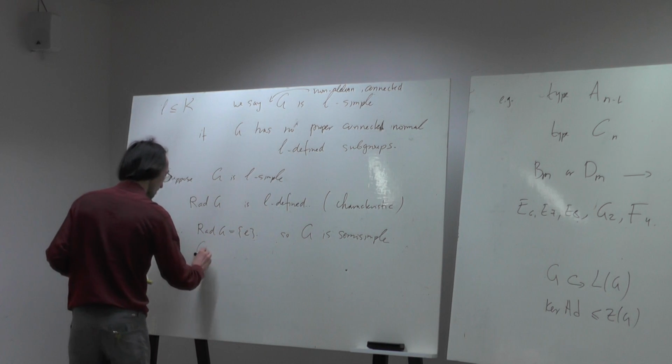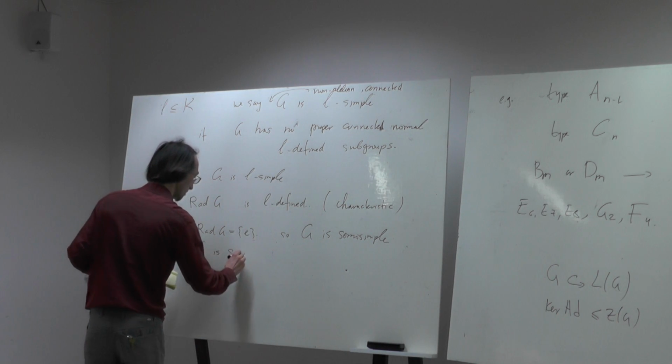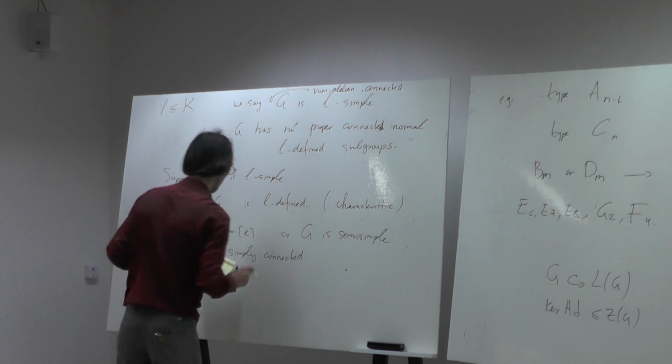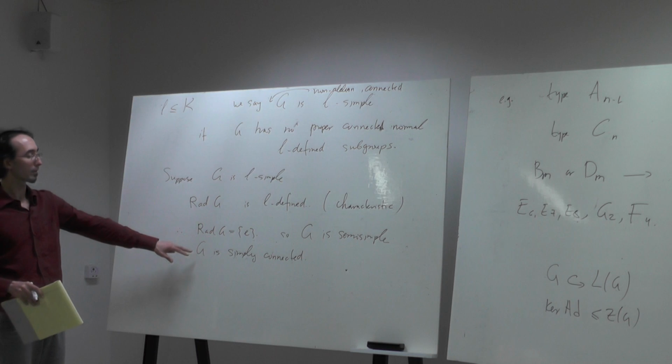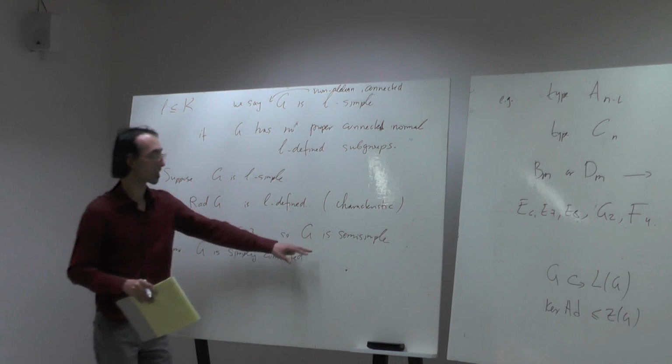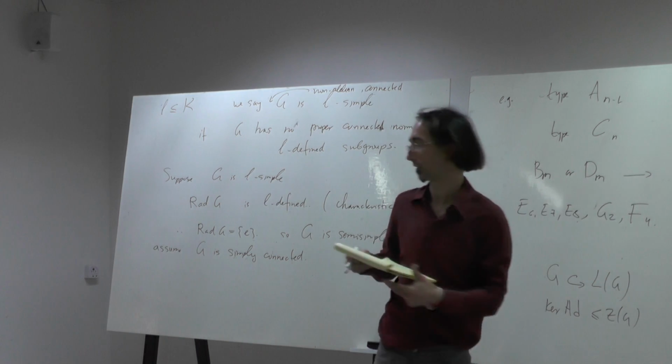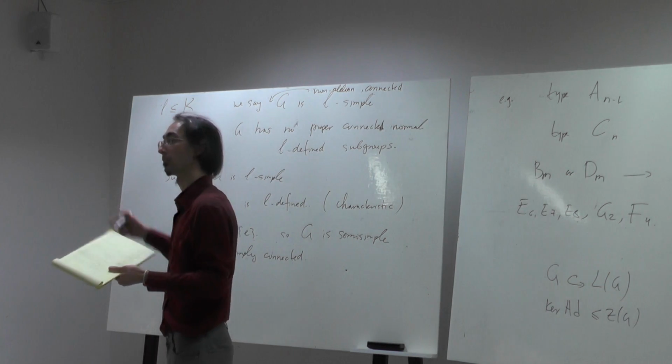Assume G is simply connected. For a simply connected semi-simple group, this just means its factors are simply connected, and the group is a direct product of the simple factors.